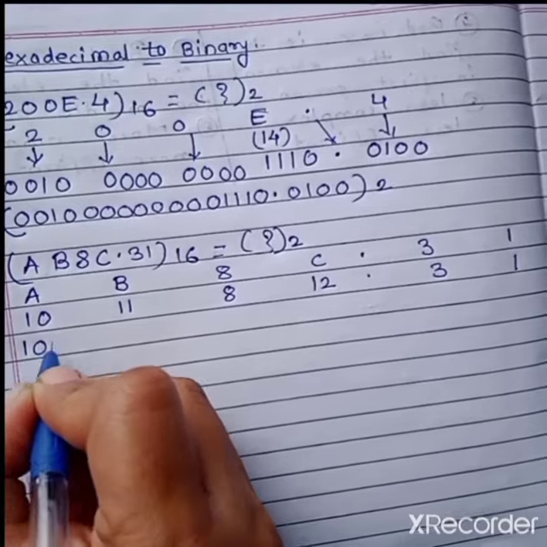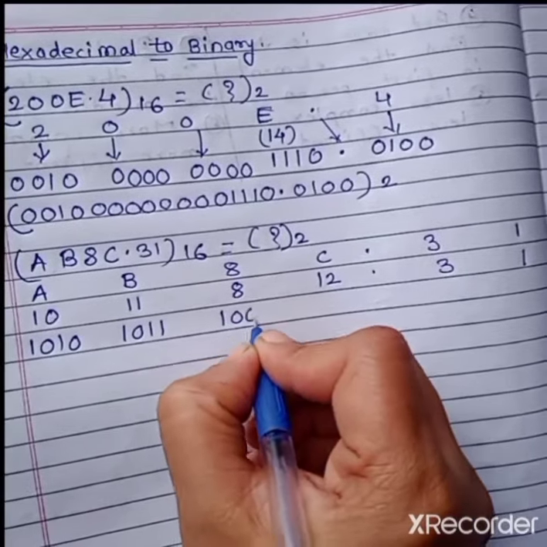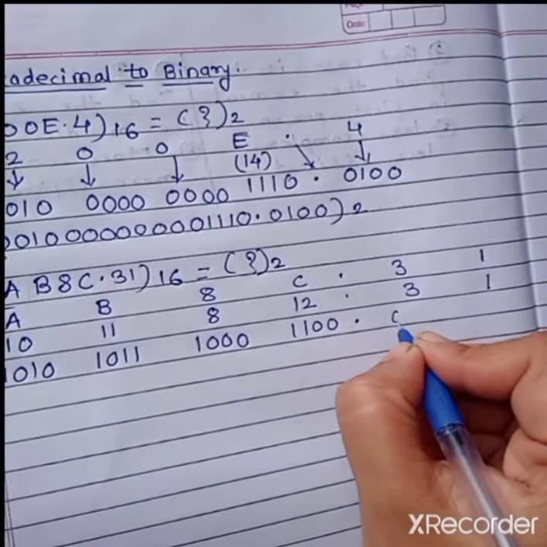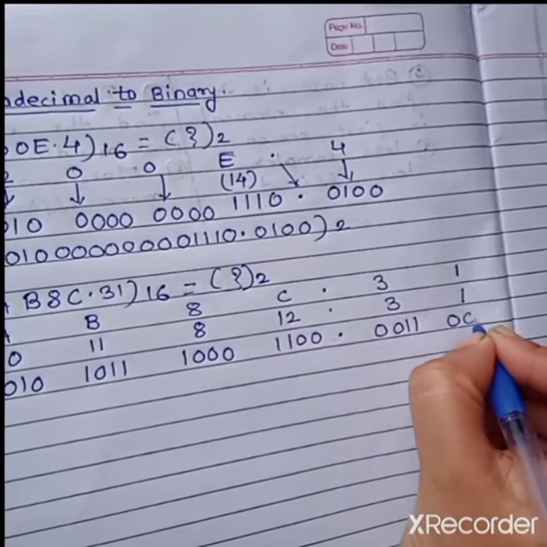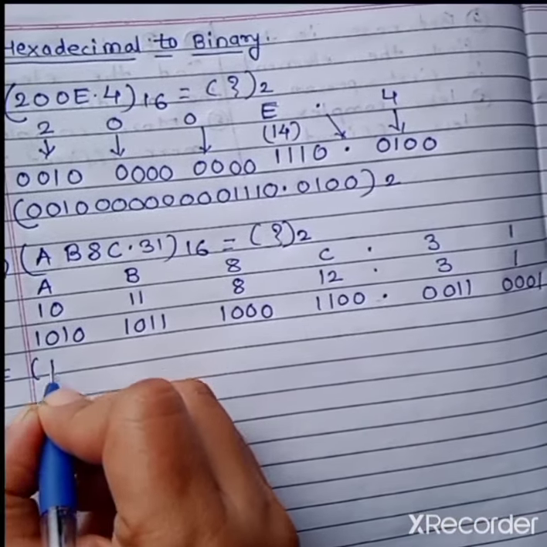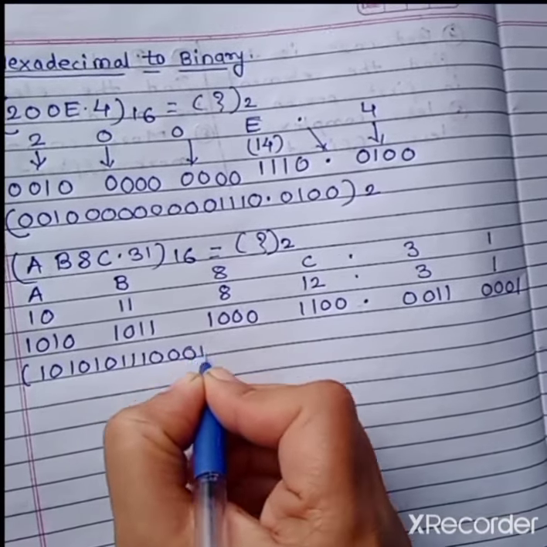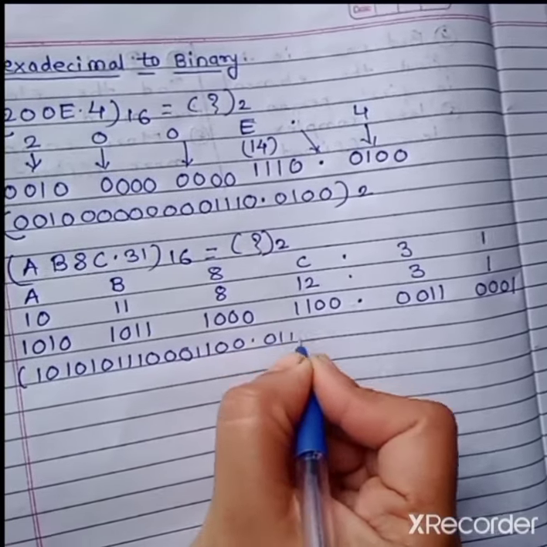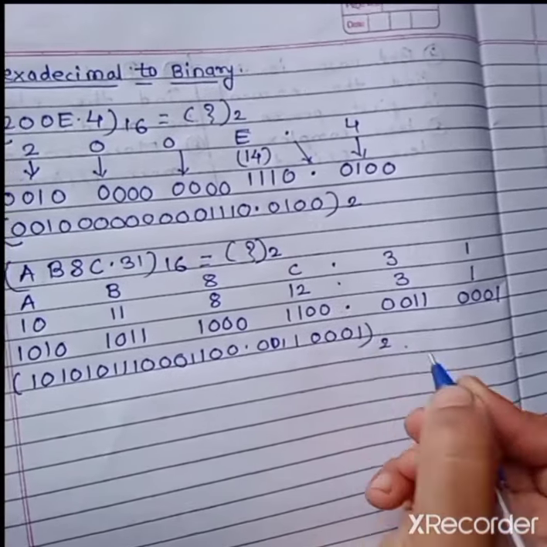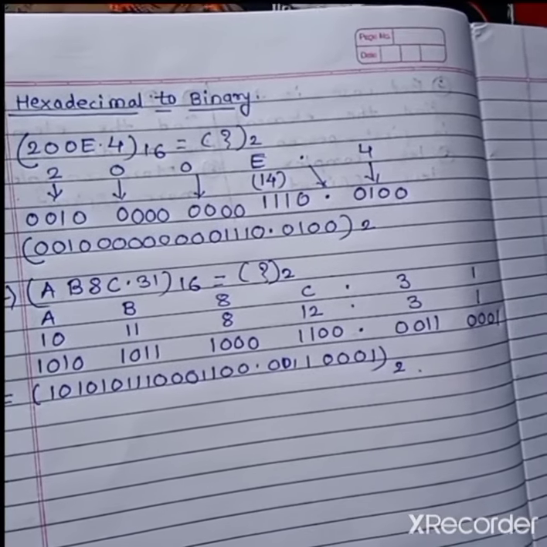So 10 is 1010, 11 is 1011, 8 is 1000, 12 is 1100, 3 is 0011, and 1 is 0001. So we'll combine this series. And this is the final binary number. So this is the hexadecimal to binary conversion.